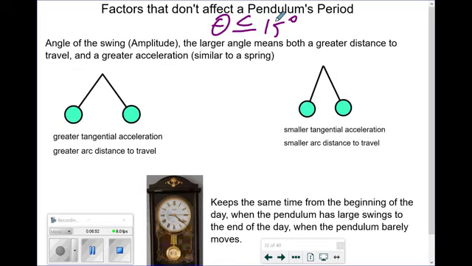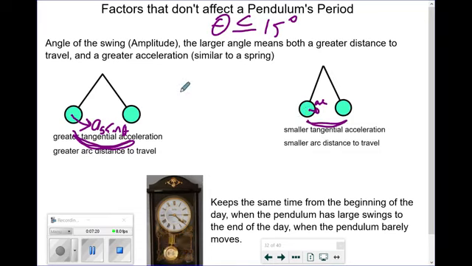And this makes a lot of sense because larger angles have a greater acceleration, because the acceleration is g sine theta. And as theta approaches 90, sine theta gets larger. So I'd have a very large acceleration if I have a large angle, as versus a small acceleration over here. But the distance I swing through with a larger angle is greater than the distance I would swing through over here.